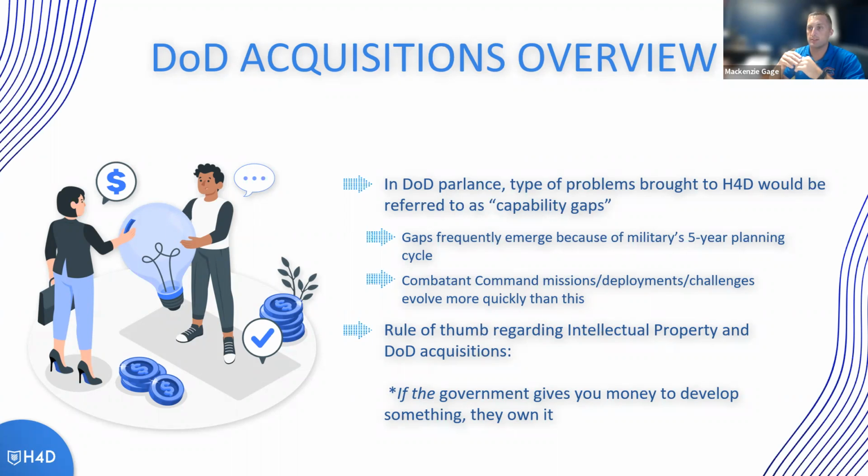But essentially one of the elements of it distills down to when the DoD funds the development of it, not just the production of it, then the DoD owns that intellectual property. And then a key piece on the capability gap: a capability gap could lead to multiple requirements, and we'll see that in the example here at the end.